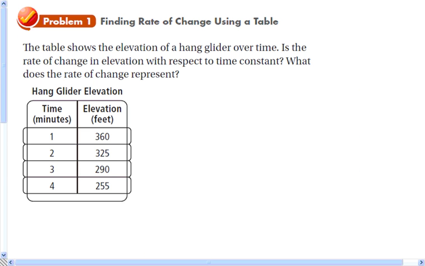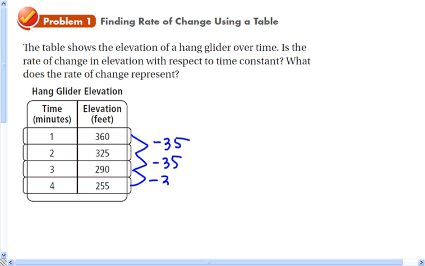All right, finding rate of change using a table. The table shows the elevation of the hang glider over time. Is the rate of change in elevation with respect to time constant? What does the rate of change represent? So if we look closely at these values, you will probably notice that they are dropping by 35, and we get that just by subtracting any elevation by the previous elevation.